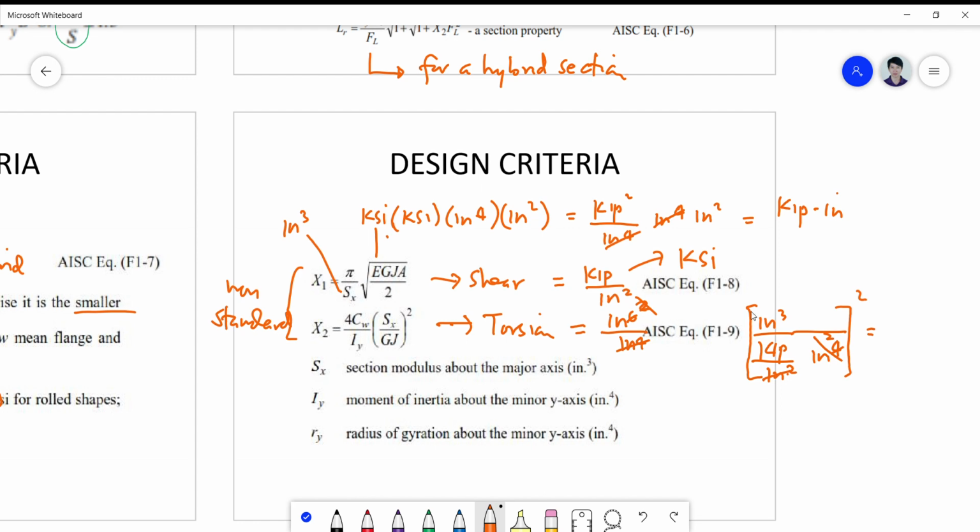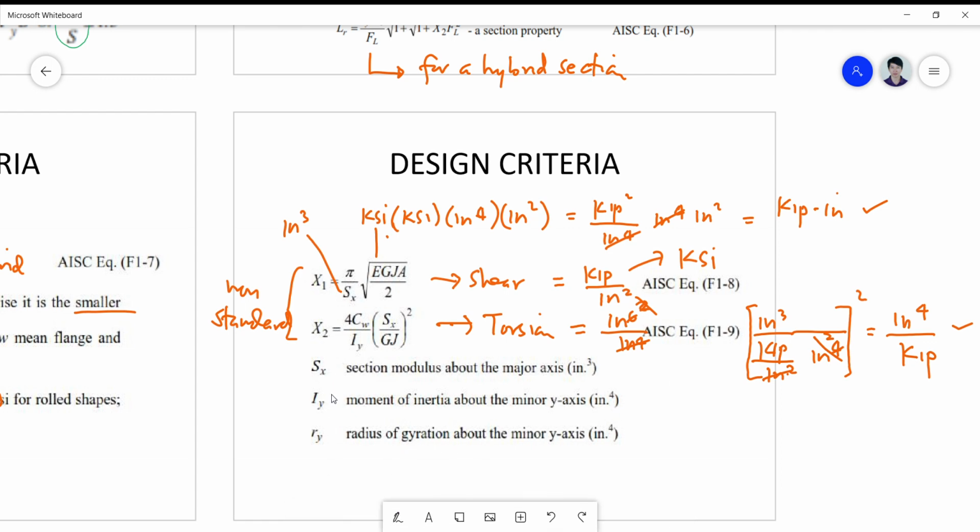So inch square, this is inch to the fourth all over cube. Okay? Kasi 2 na lang ito yan. Inch square. Okay, so this is the unit for x2, and this is the unit for x1. So we'll check that later.